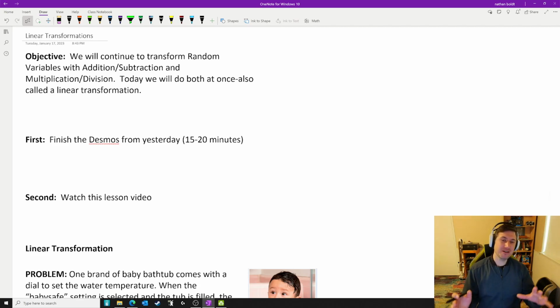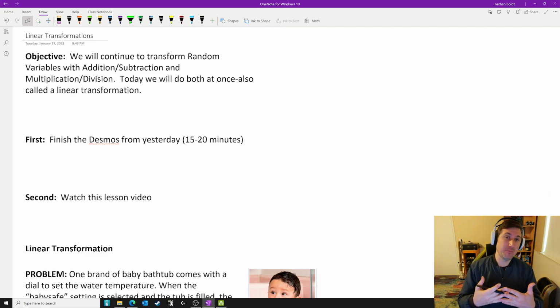Today, we are going to continue transforming our random variables. We're going to be adding and subtracting, multiplying and dividing them. The difference is today, we're going to be doing both of those at the same time. The examples yesterday were only addition and subtraction, or only multiplication or division.